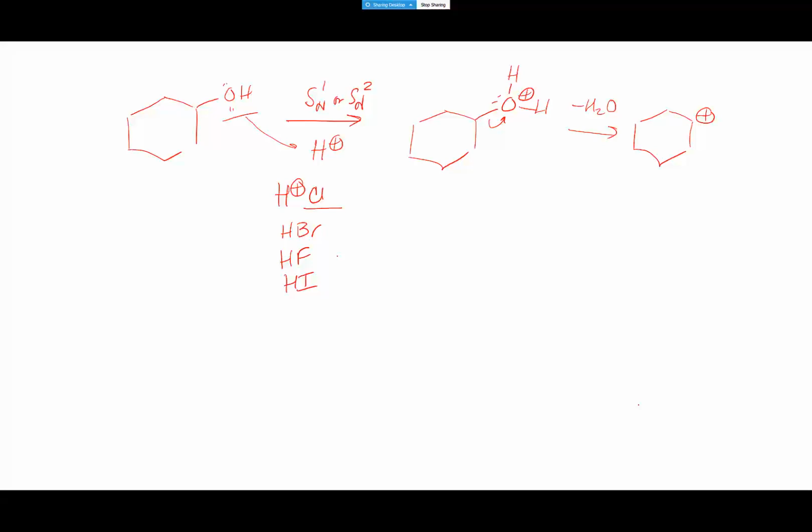If we want to substitute the OH group with a halogen, then I just use HX. So generically this would be HX, H plus, X minus, where X is the halogen. And so then my halogen would come in, add to the carbocation, and I would do my substitution.